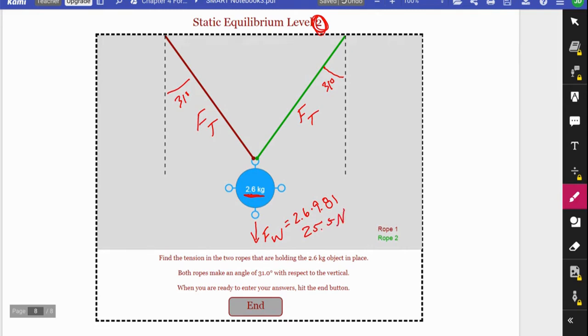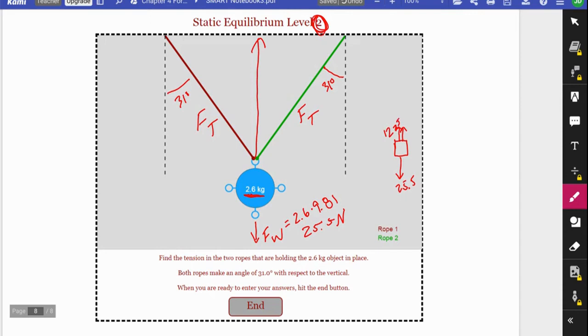So that is going to also equal the weight going back up. Now, again, that's going to be the total weight. So maybe if I draw it over here as a free body diagram, we have 25.5 going down. But you can imagine that it's really like 2 forces going back up, because there's one from each rope. And so there still is a total of 25.5 going up, but then each one of those would be 12.25, if that makes sense.